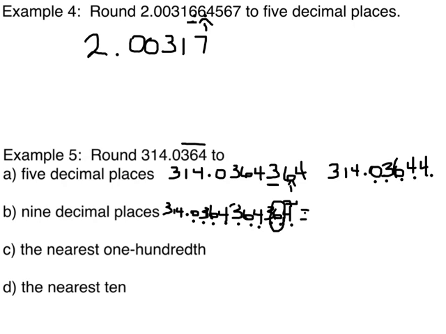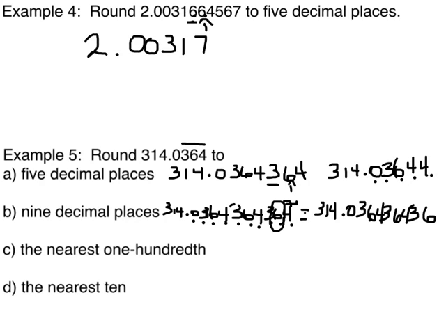So when I round, the number after 6 is 4, so I'm going to leave that as 6. I'm not going to round it up to a 7. So 314.036436436, and there I have 9 decimals.